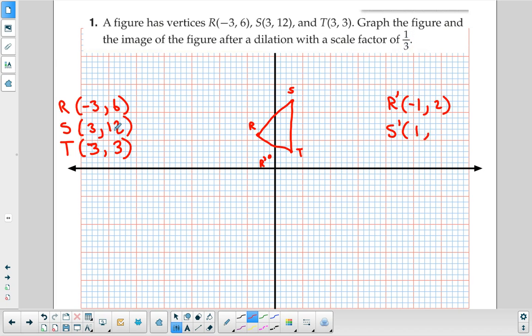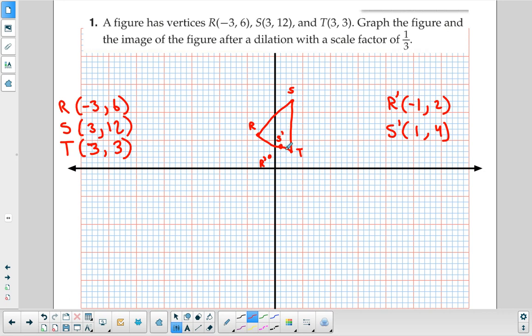And then I have 12 multiplied by 1/3, which would be 4. So S prime, the new location for S, is going to be at 1 and 4. So this is going to be S prime.